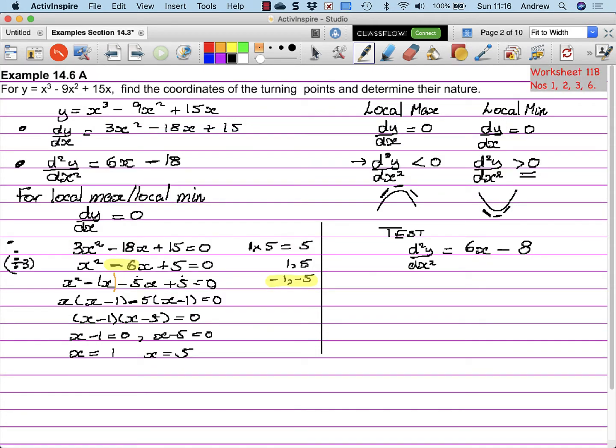So the first value of x we're testing is x equals 1. So using the empty bracket method, d2y by dx squared is equal to 6 empty bracket 1 minus 8.